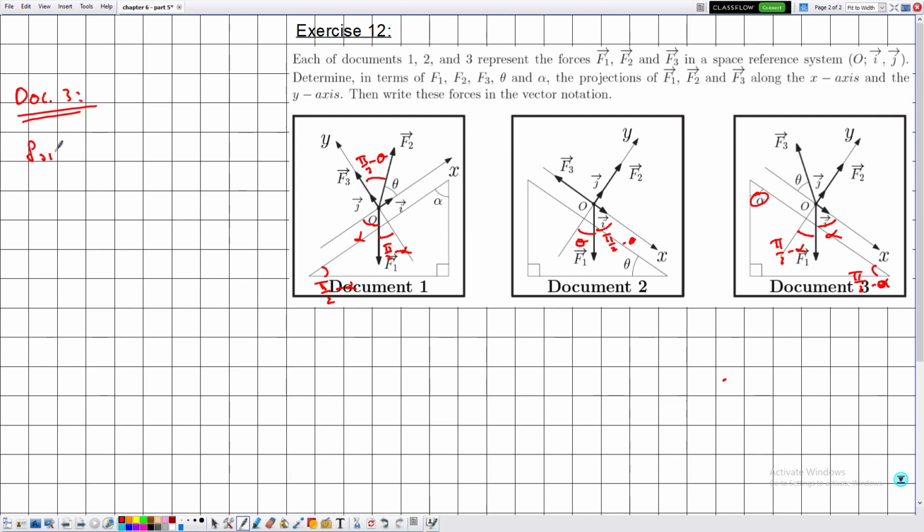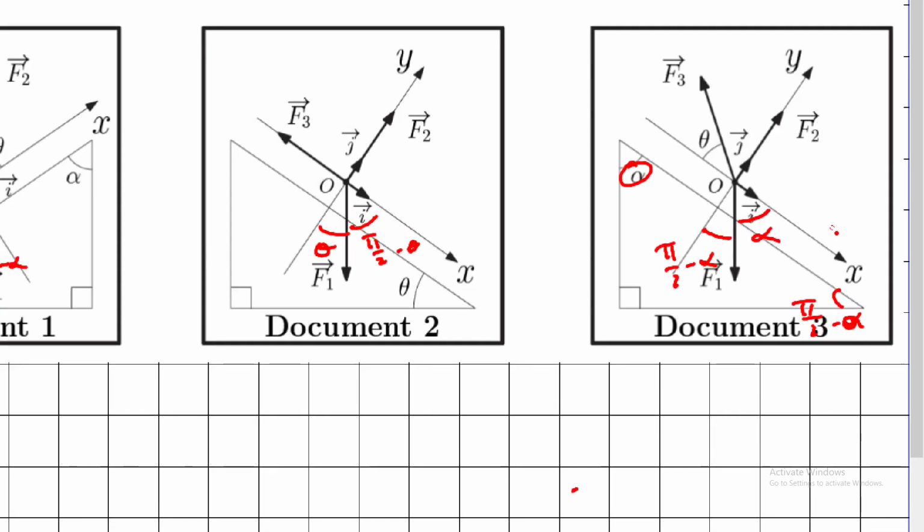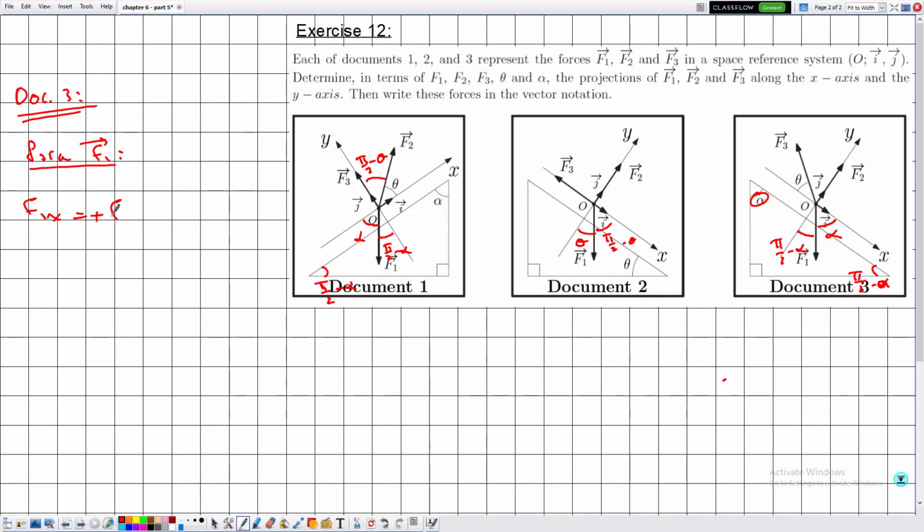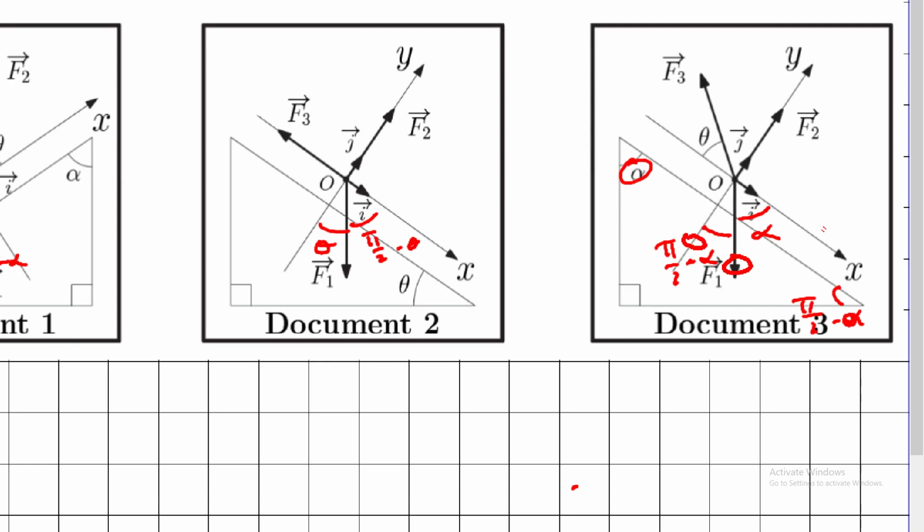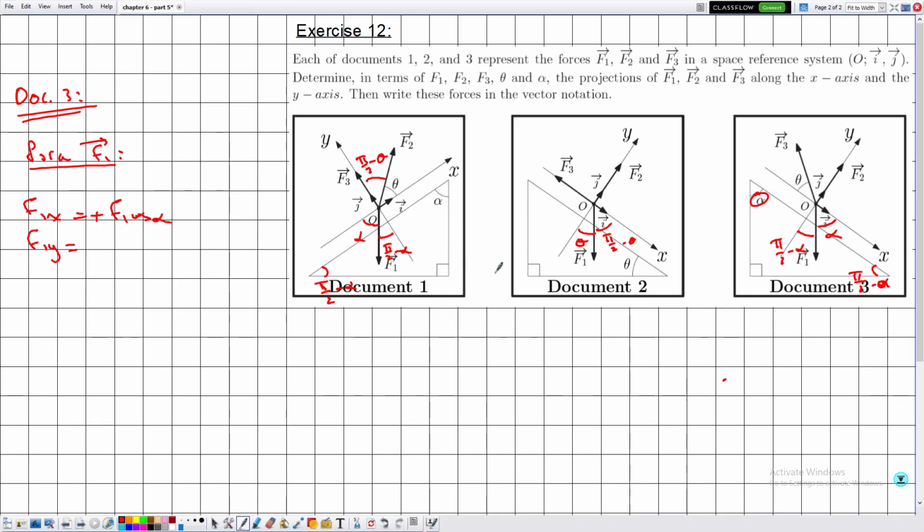So as for the force F1, its x component, notice that F1 is pointing in the positive direction of the x-axis and the angle is alpha, so plus F1 cosine alpha. F1y, notice that it's pointing in the negative direction of the y-axis and the angle is pi by 2 minus alpha.